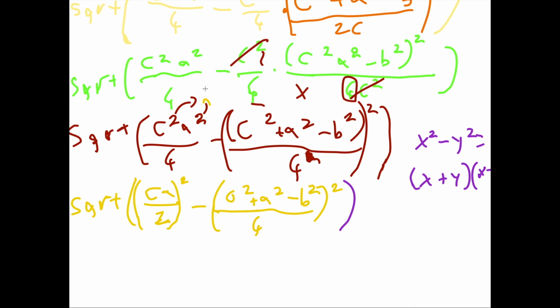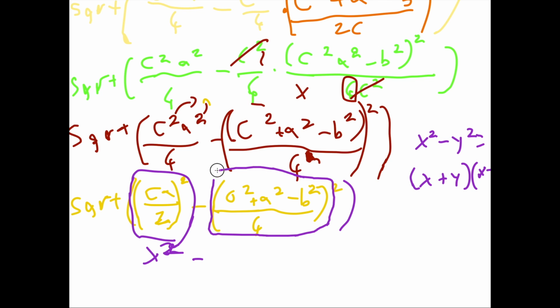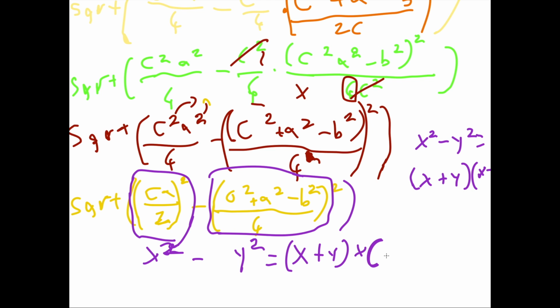Okay, so if we use this law here, if this guy here is x squared, right? That's x squared minus, and if this whole thing is y squared, then we can put that into x plus y times x minus y.